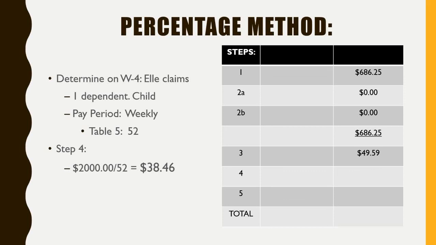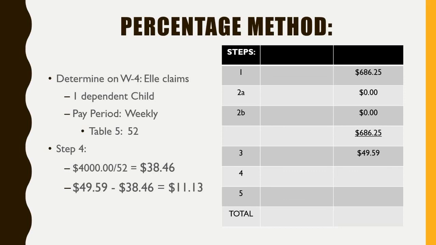So that means this is a deduction to the check. If I claim that one child, that's $38.46. Okay? So that's going to deduct from the taxes that you're being withheld. I'm going to subtract that out from the amount of federal taxes I'm being withheld for, and I'm going to get a total of $11.13 that this individual has to pay into taxes.